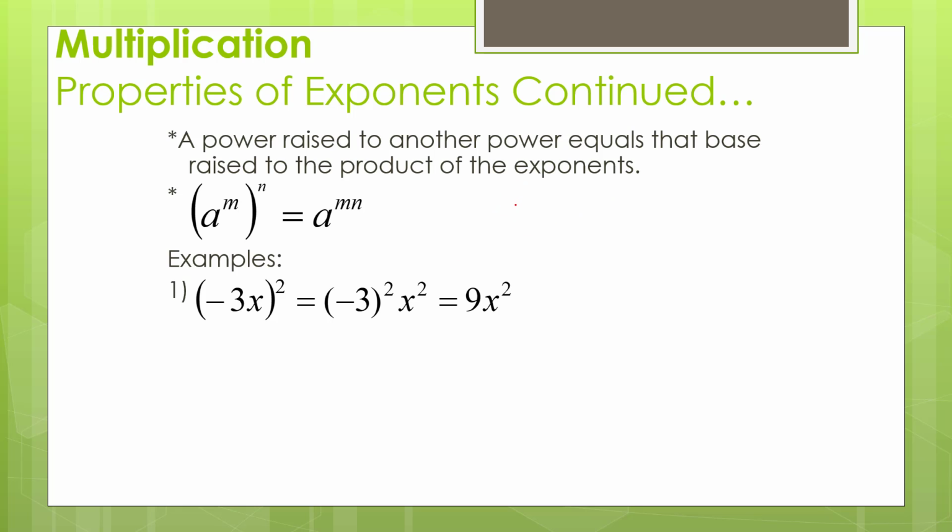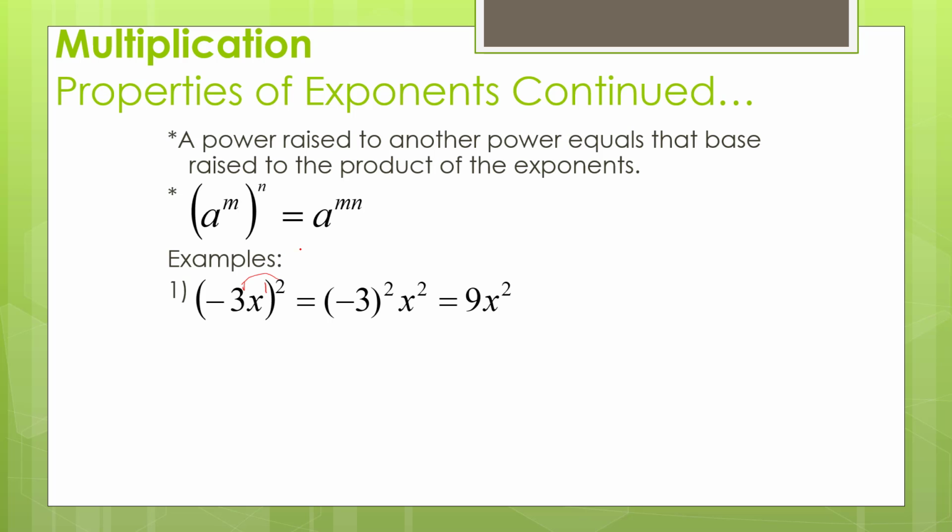Well, you guys say, but Mr. Gable, that doesn't appear to be power to power. I only see one power. That is true, but we have to remember every number has a power. Whether you see it or you don't see it, it's there. So these terms inside the parentheses both have a power of 1. So we're saying negative 3 raised to the first power, raised to the second power.